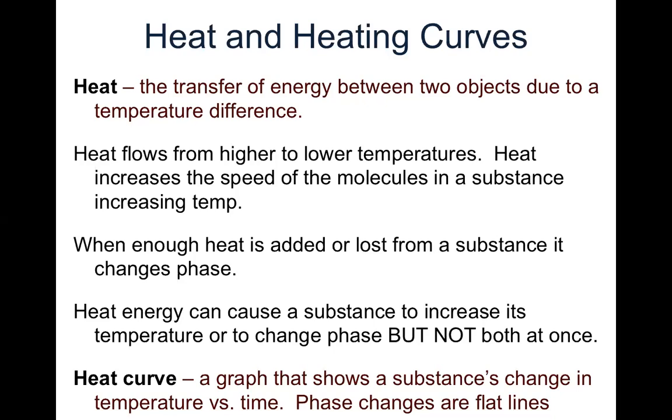In a liquid, they're moving around while still touching each other. And in a gas, they're far apart from each other. And so we look at something called a heating curve, which is a graph that shows how a substance changes in temperature over time, and it shows the different phase changes that happen as well.